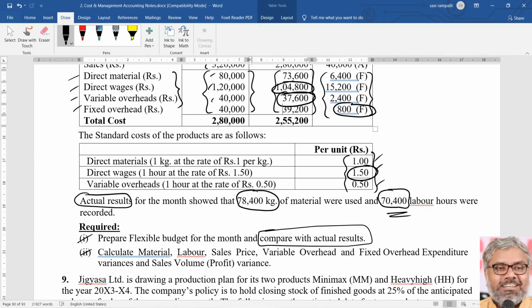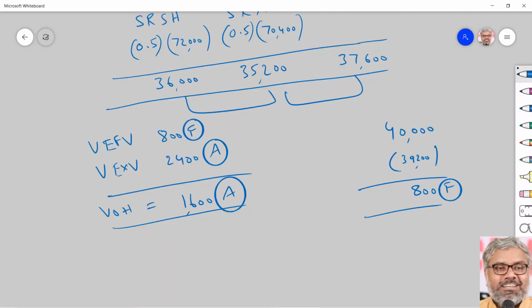That is another question within this. Then also he asked profit variance. Profit variance at a broader level on the basis of sales volume. He is asking how much is the sales volume that was budgeted and how much is the sales volume that is actual. What is the difference between that?